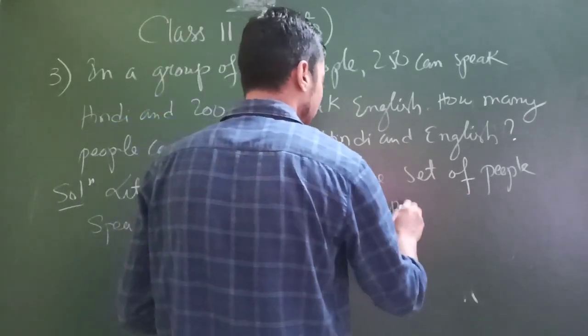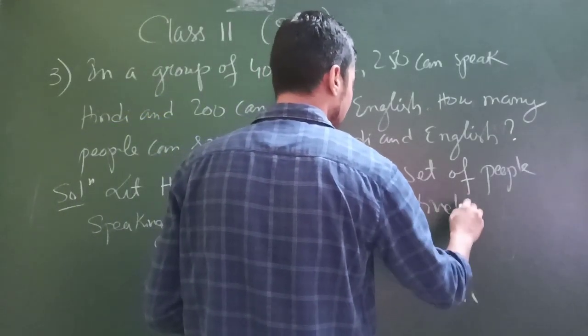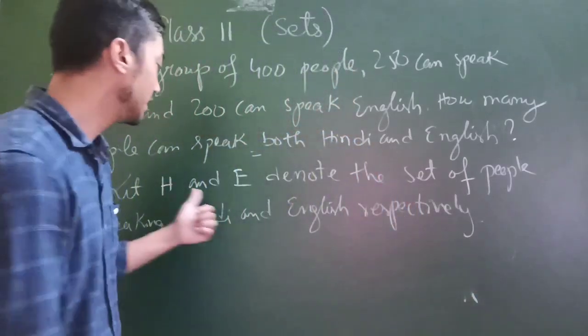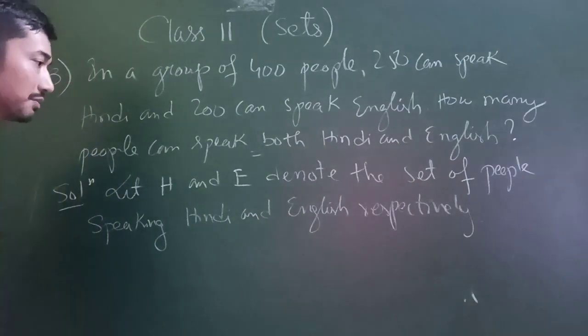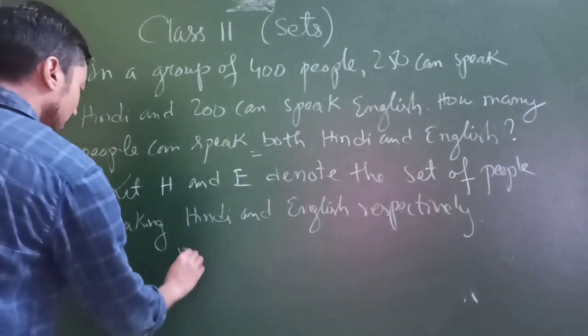This respectively is very important. Respectively means serially, as I mentioned here, H is for Hindi, E is for English. So that order has to be followed. That's why we write respectively.